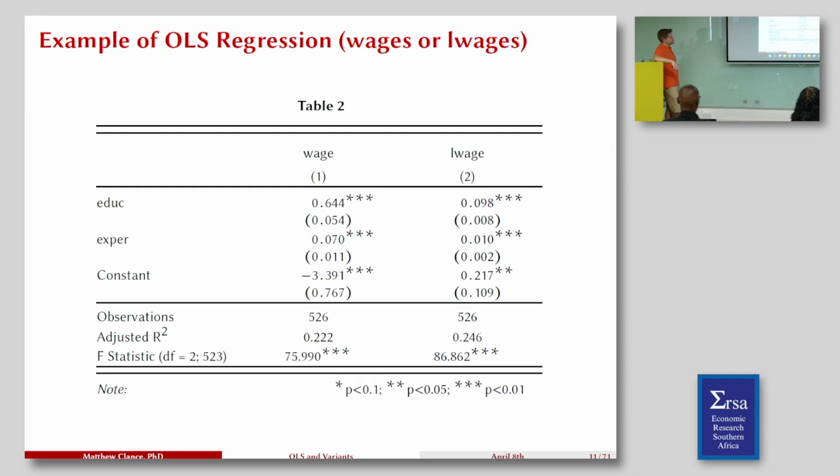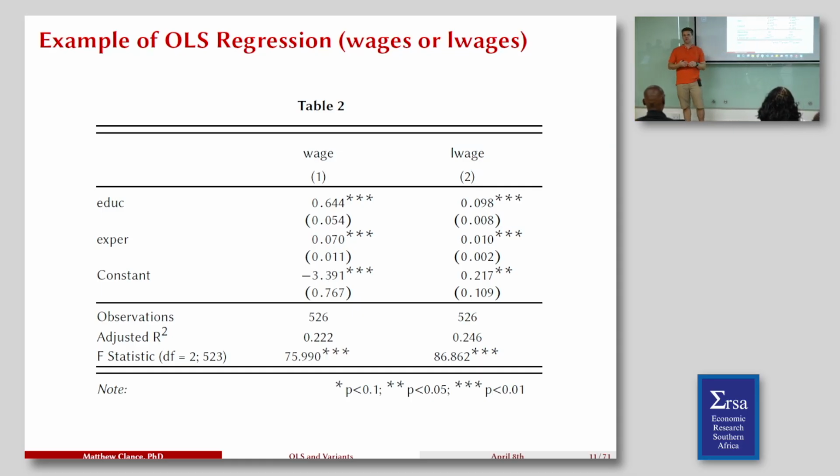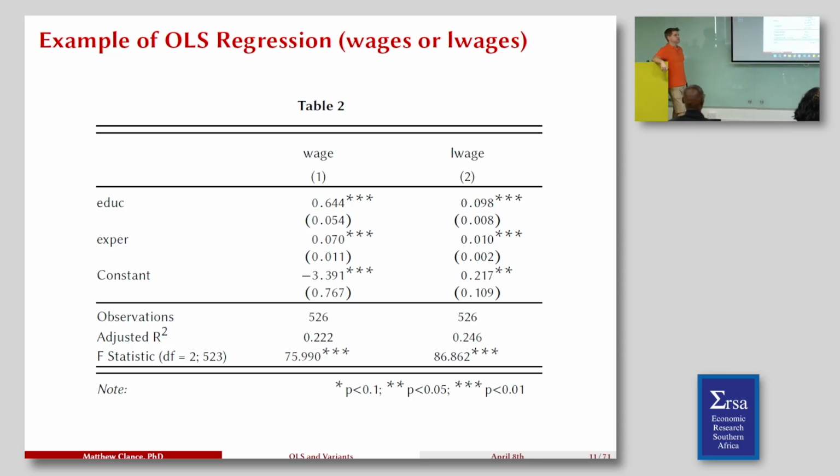Okay, so if we were going to do just our standard wage regression, I probably should have put up the equation, but the wage equation basically has wage, or log wages, on the left-hand side, and controls that determine wage on the right-hand side. In this case, we always like to focus on education and experience. We could throw a few things in there, like experience squared, age, gender.